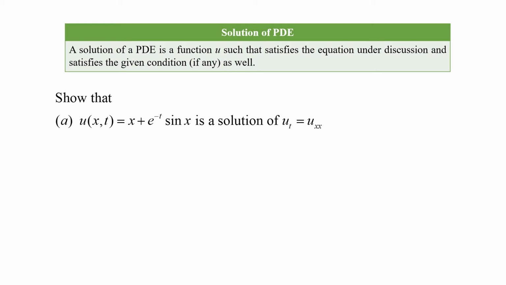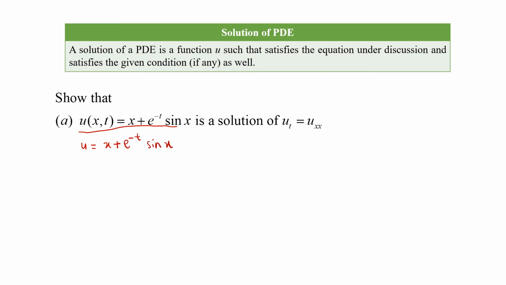In order to understand this concept, let us try this example. Show that this function u is a solution of ut equals uxx. Now we have the function u in terms of x and t.